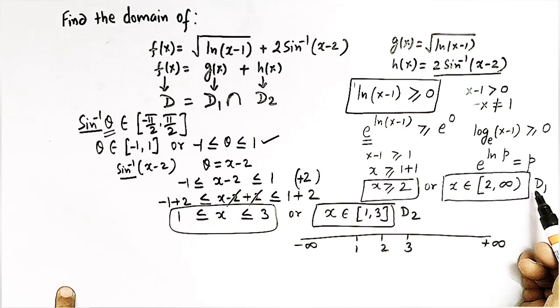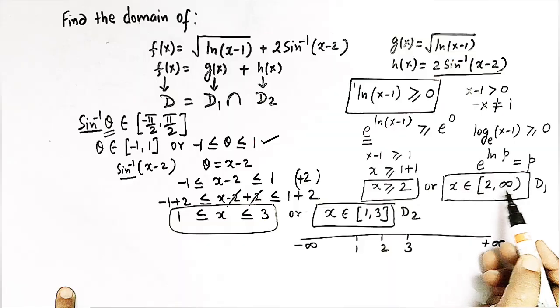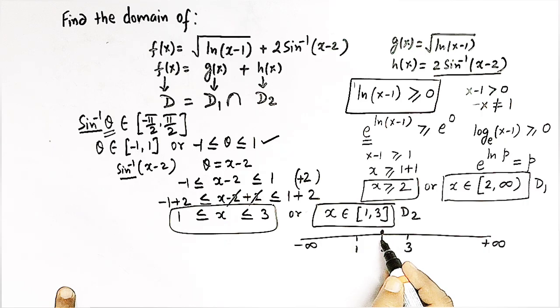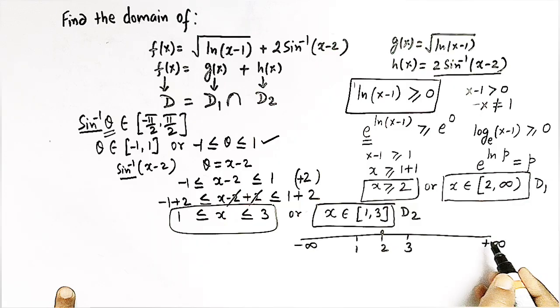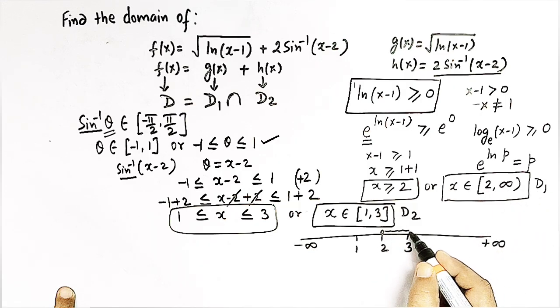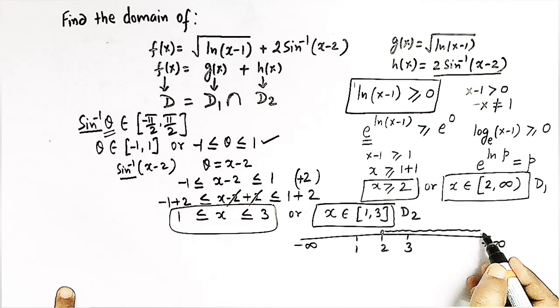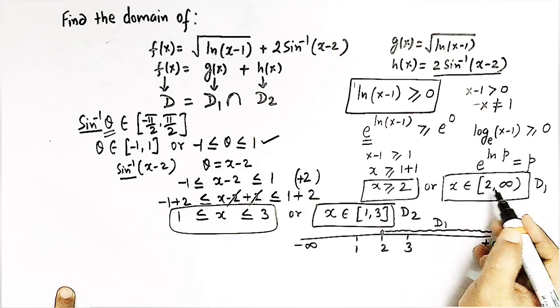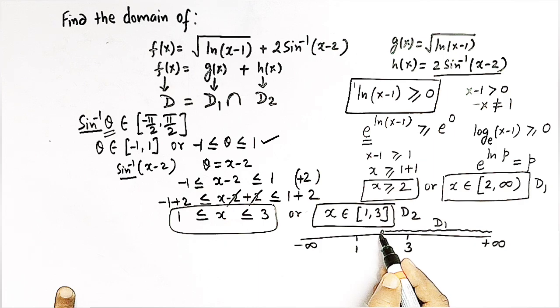So now d1 is given by this interval 2 to infinity. So here 2 is included. So here we'll draw a dark circle, and here we have 2 to infinity, so we have this region, right? So this region represents d1, that is 2 to infinity, 2 is included, right?